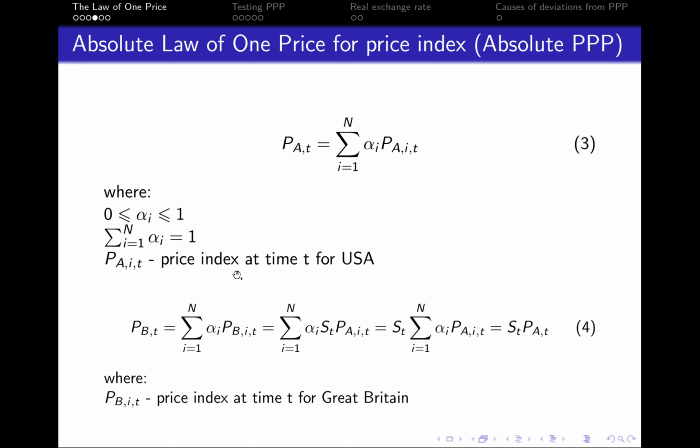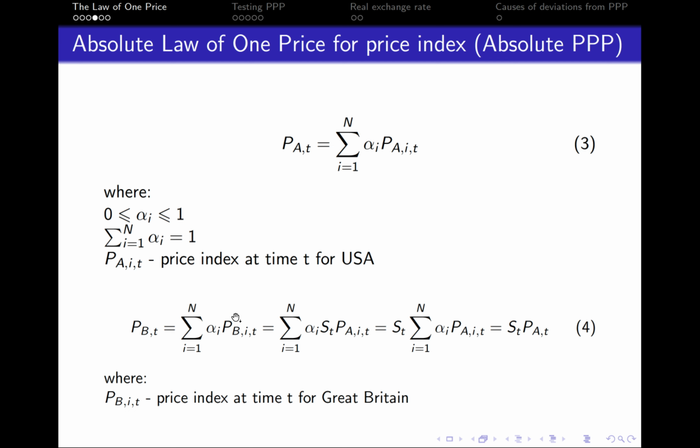Now look, we could do exactly the same thing for Great Britain, right? Here also we shouldn't have I. So this is a price index for all the goods in Great Britain, right? Like the same formula.